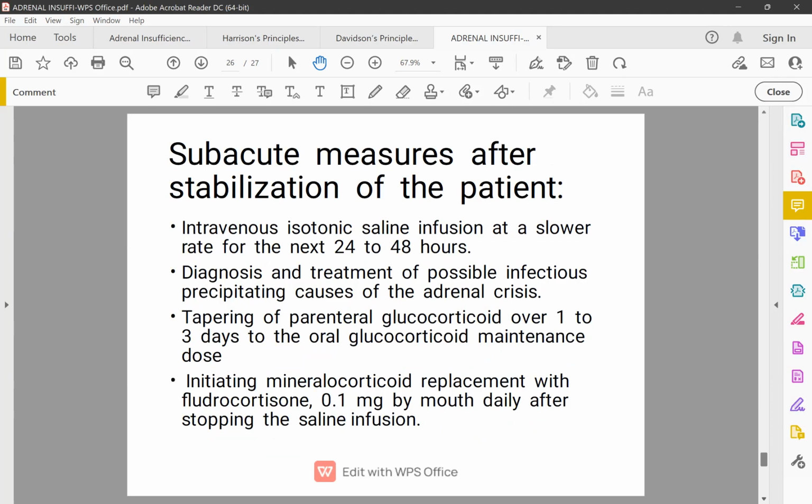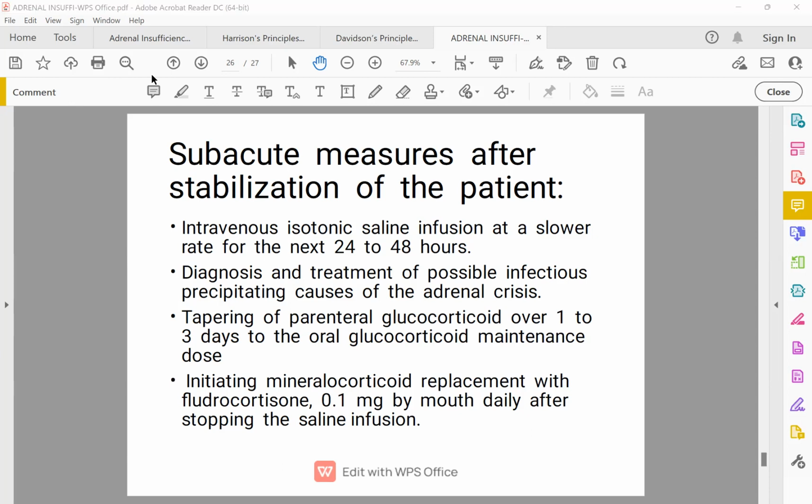Next, after stabilization of the patient, we continue the intravenous isotonic saline infusion at a slower rate for the next 24 to 48 hours. We diagnose and treat the possible infection that may have led to adrenal crisis. Next we do the tapering of the parenteral glucocorticoid over 1 to 3 days to the oral glucocorticoid maintenance dose.